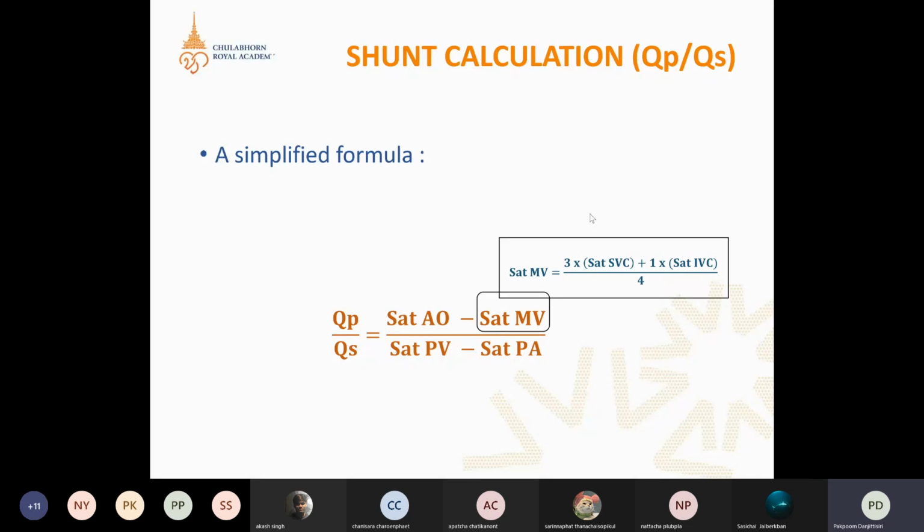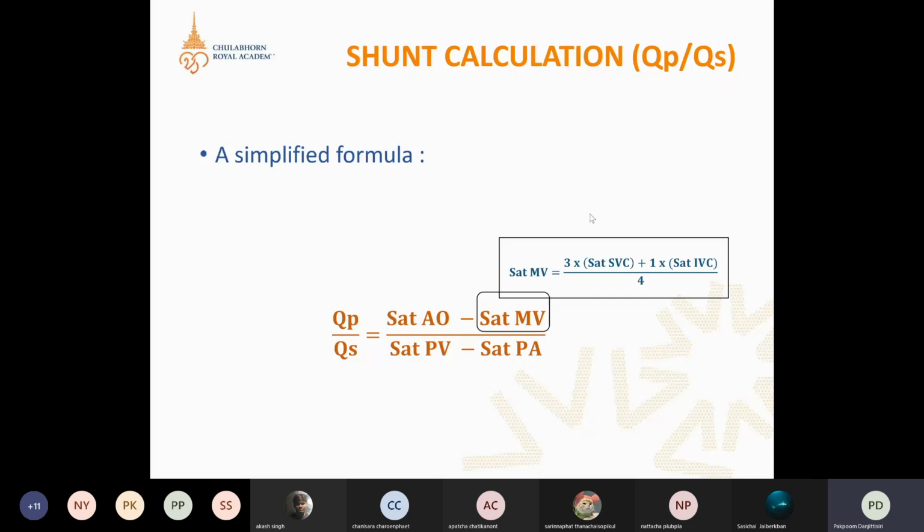We can calculate more to find the shunt. From this slide, I'm going to show you a simplified formula to find the ratio QP to QS.